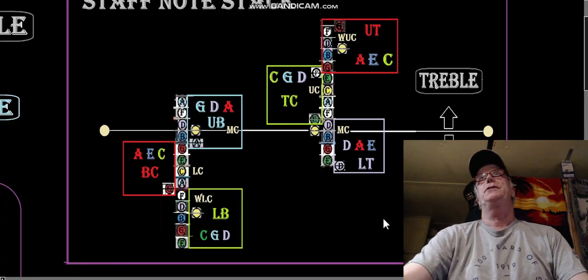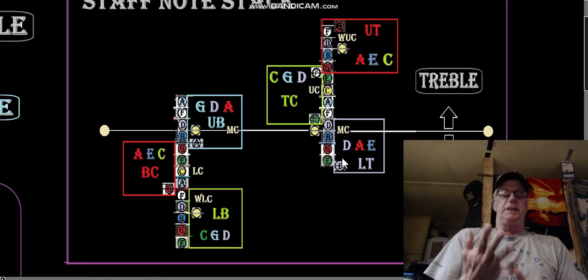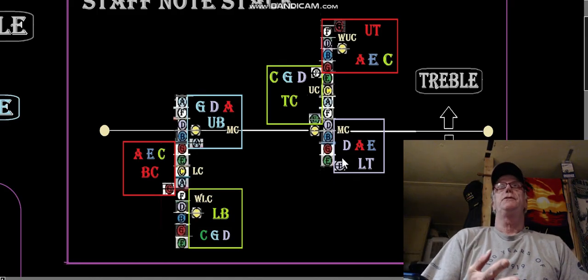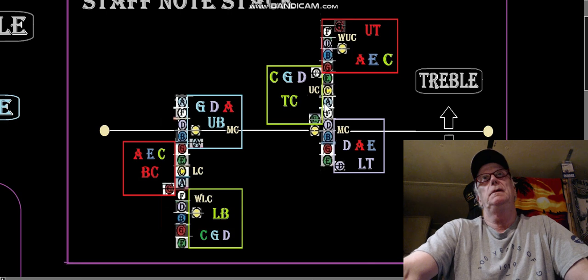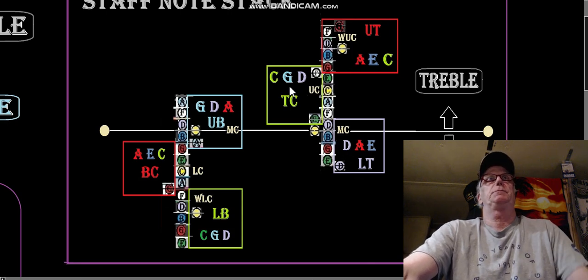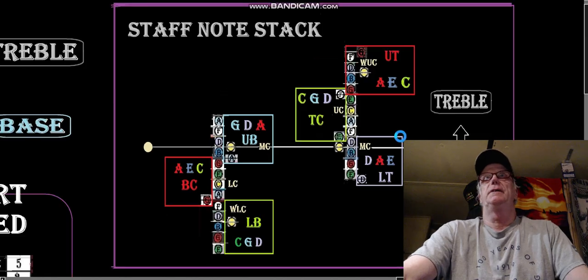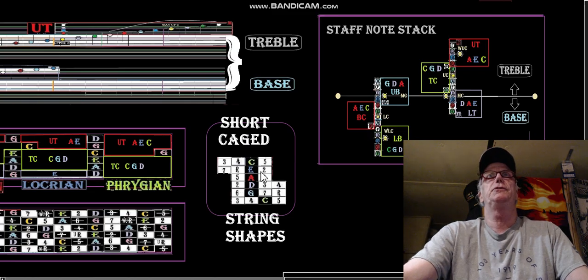So this is our key, the keyboard, the fretboards, and this diagram and the staff are all the same thing. The only thing is here we have short string shapes. Okay, so looking at D, A, and E, we would look at 2, 3, 4, 5, 6, 7 root 2.